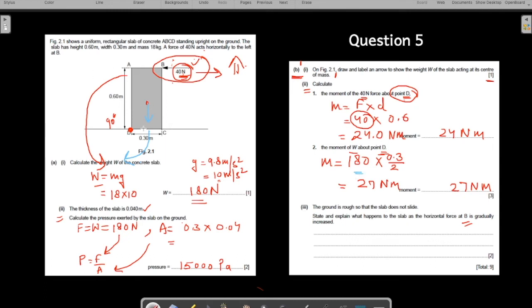Anti-clockwise moment is increasing as compared to the clockwise moment, and ultimately the slab will topple and rotate.